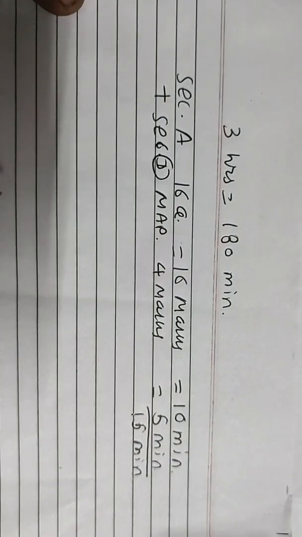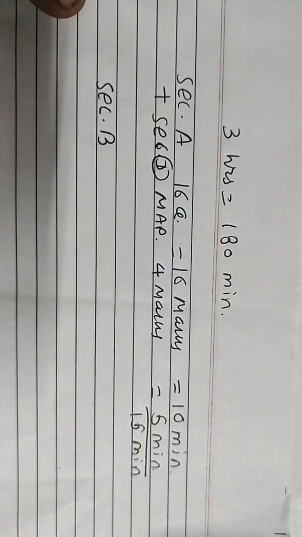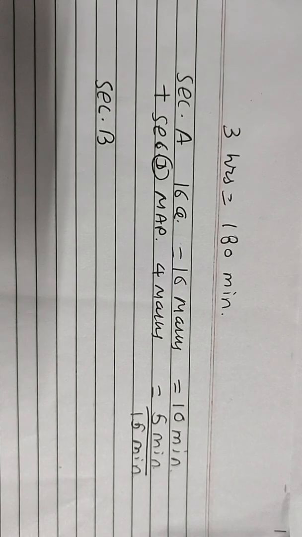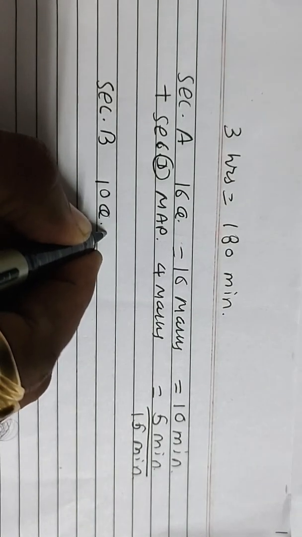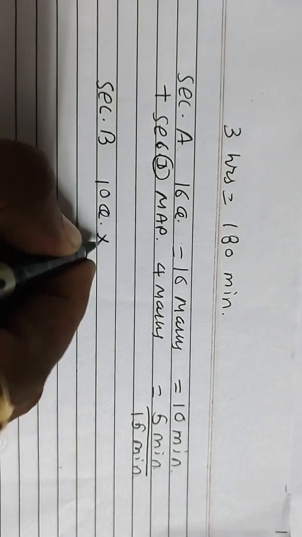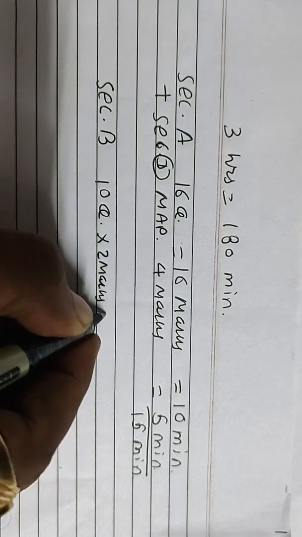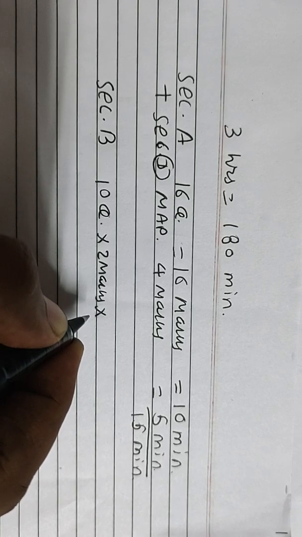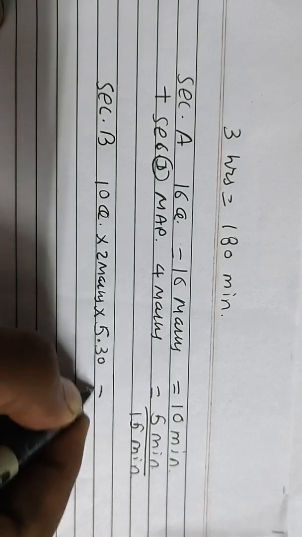Then comes section B. In section B you have a total of 10 questions, each of 2 marks, and you need to complete every question in 5 minutes and 30 seconds.